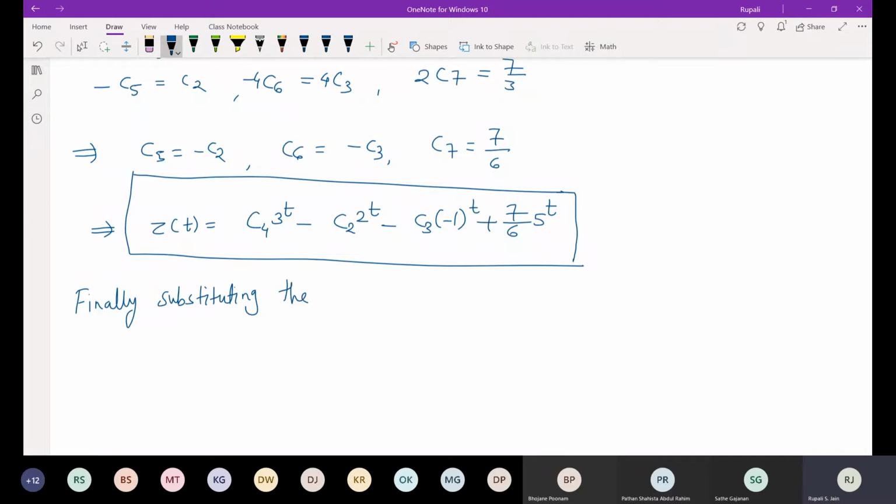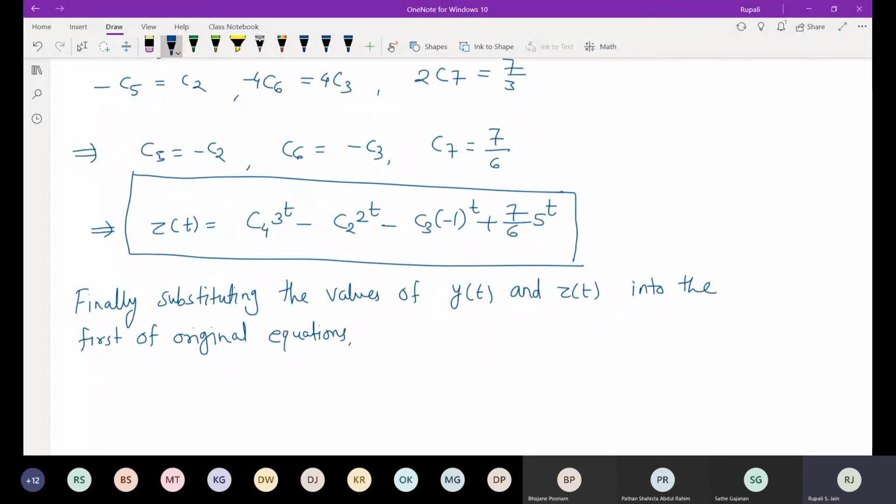the values of YT and ZT into the first of the original equations, what do we get?